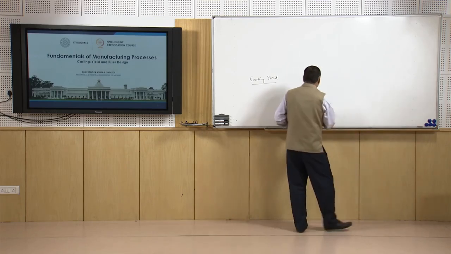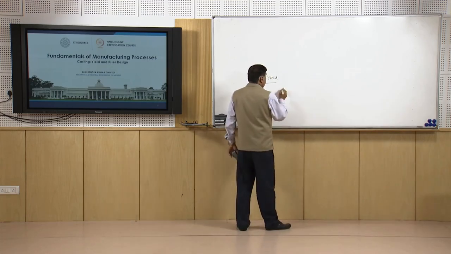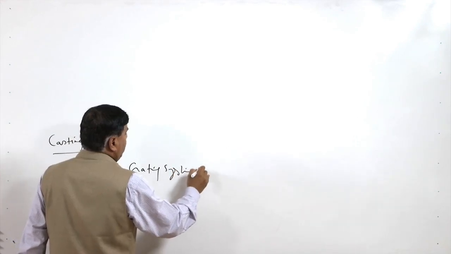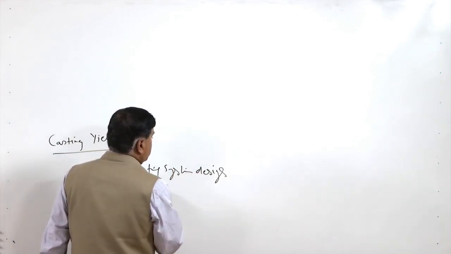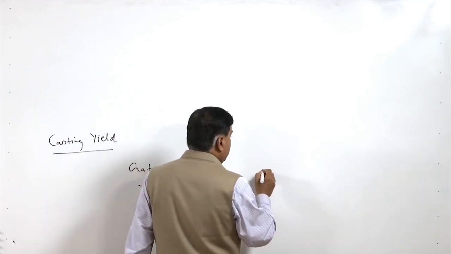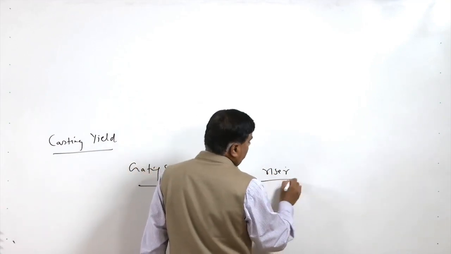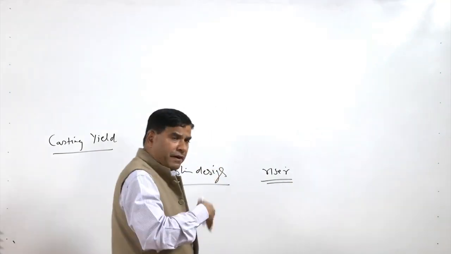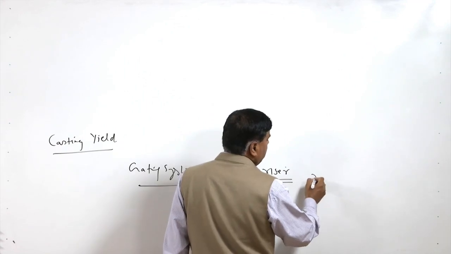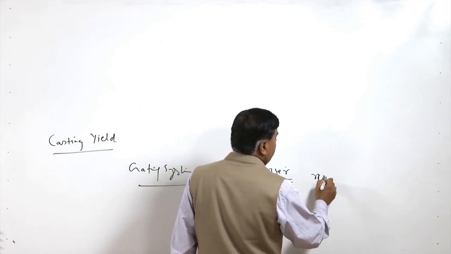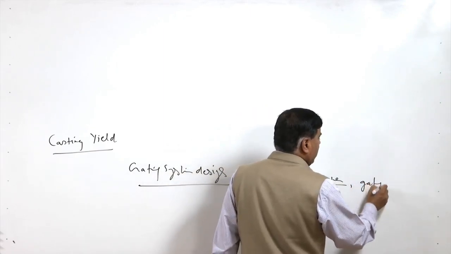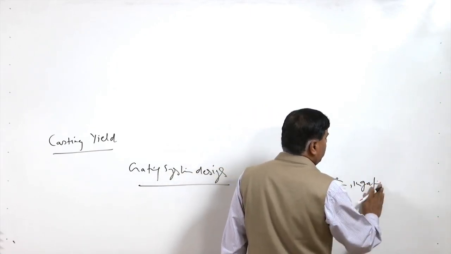So, basically the focus is on the gating system design, so that unnecessary risering, unnecessary amount of molten metal being fed into the riser, can be reduced, and unnecessary molten metal being solidified in the runner and the gating system in gates can also be reduced.